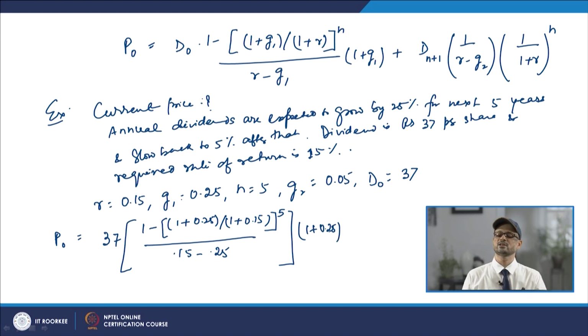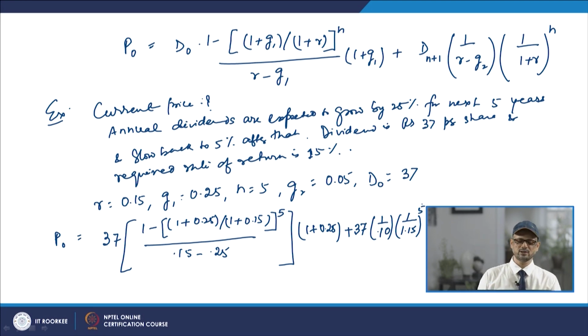Then for the second stage growth, this value remains the same, so you will have 37 again, and 1 by R minus G 2. R is 0.15 and G 2 is 0.05, so it will be 1 by 0.15 minus 0.05, which is 0.10, and then 1 by 1 plus R raised to the power n, so 1 by 1.15 raised to the power 5.